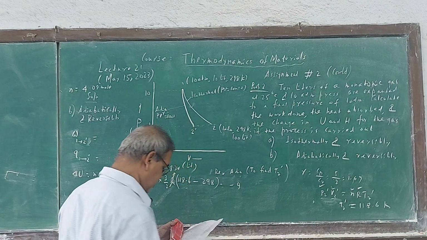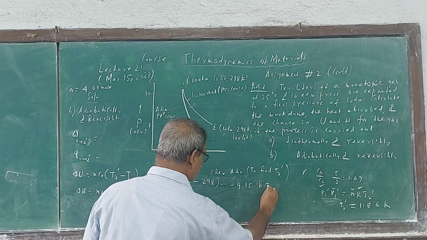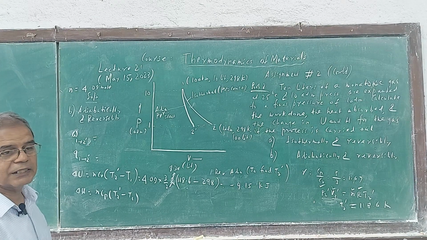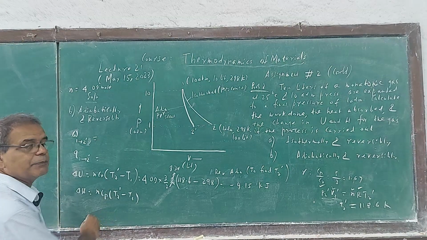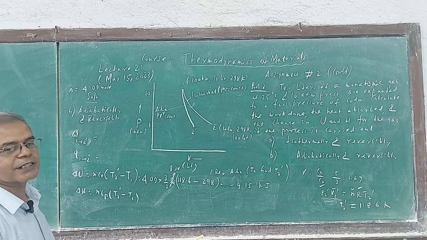Remember kilojoule. Have you got this value? Okay, good. Now delta H should be similar, but instead of Cv it is Cp, which is 5 by 3 times this answer.